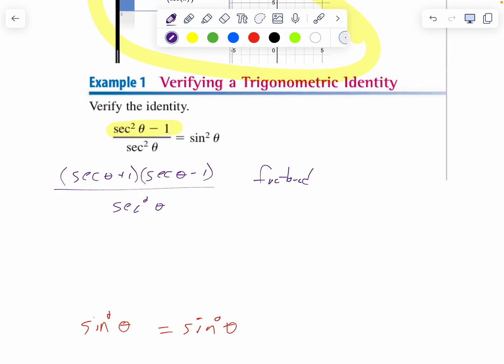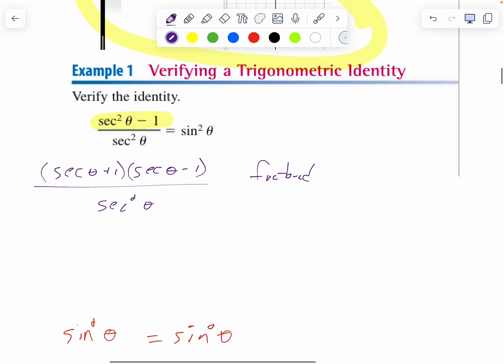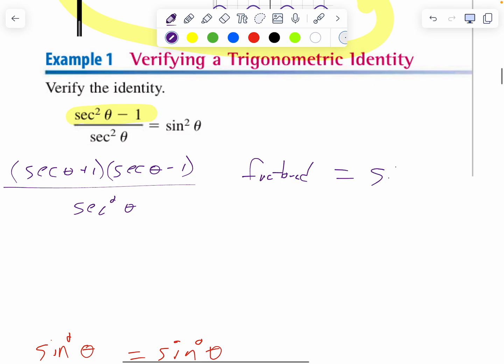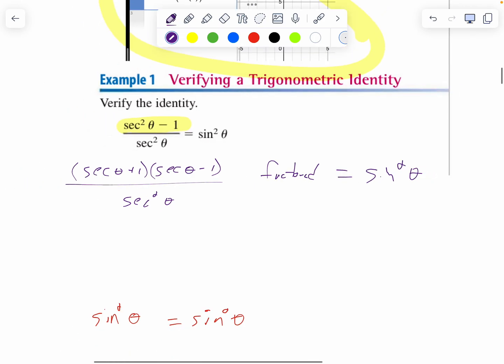Everything's correct. And that's just the left side of the identity. I have not touched the right side of the identity. The right side is still equals sine squared theta. I tried something.